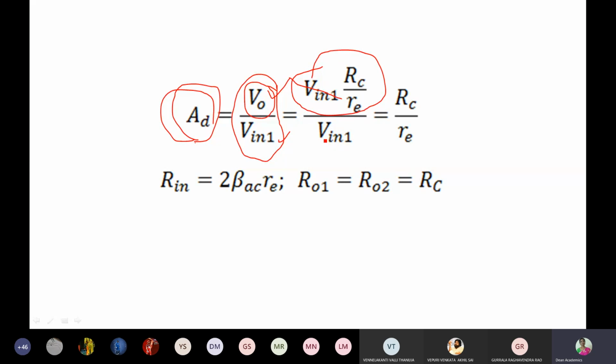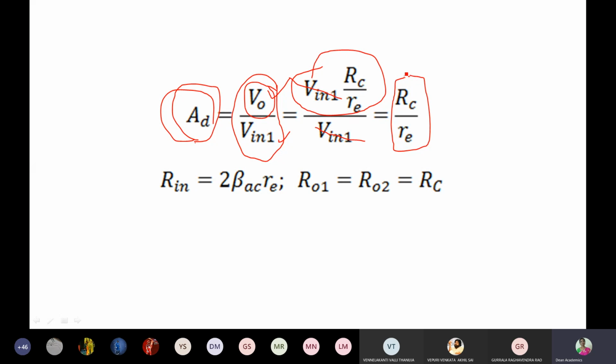So this Vin1 and this Vin1 get cancelled. Finally, the differential gain of single input balanced output differential amplifier is RC by RE, capital RC by small RE, that means collector resistance by emitter resistance.